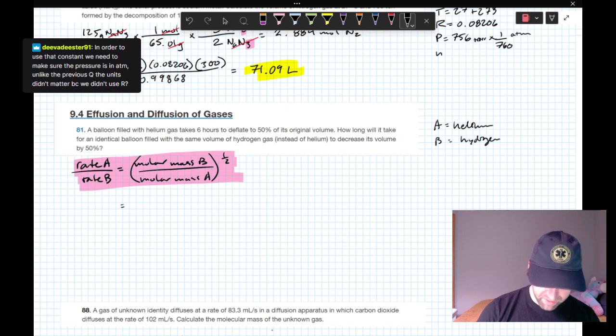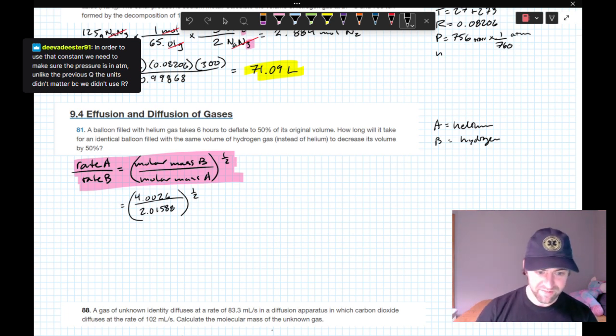So we've got the molar mass of helium gas divided by the molar mass of hydrogen gas to the half exponent, which equals 1.40909, H2 to helium.